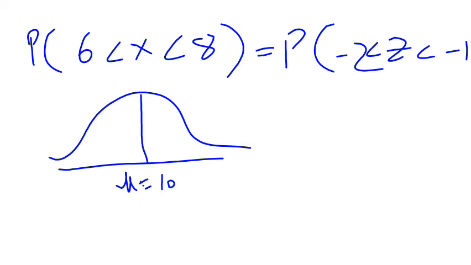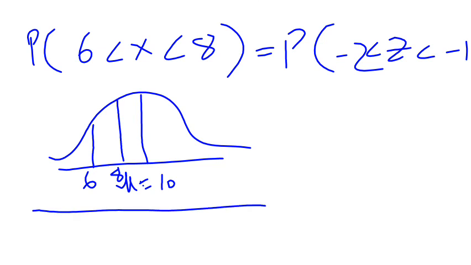Mu was 10 and x is less than 8. 8 is here and 6 is here. We write both values of x here on the normal distribution and their corresponding z values -1 and -2. So this is the second step to apply normal distribution. In the third slide I will show you how to see the area under the curve.